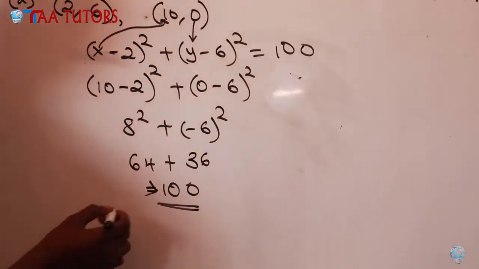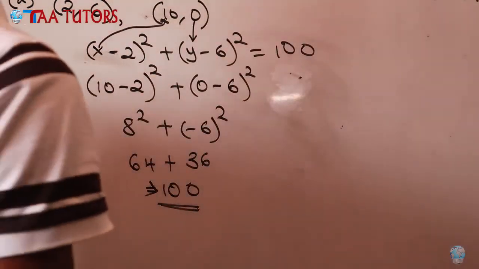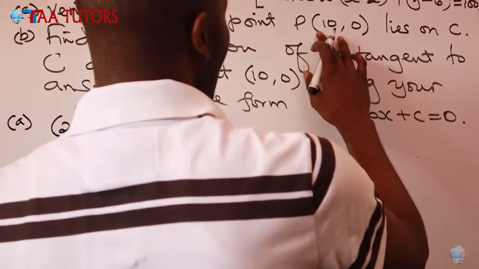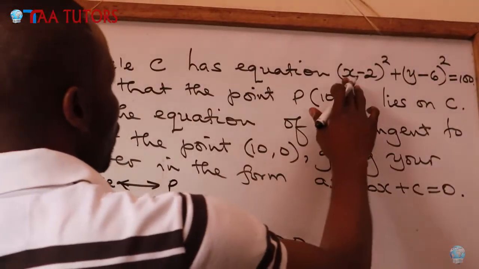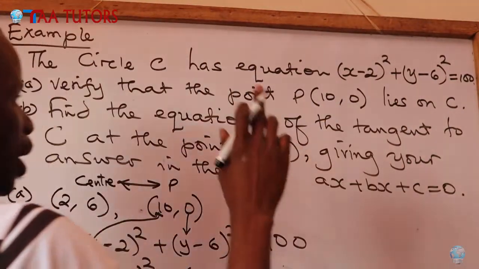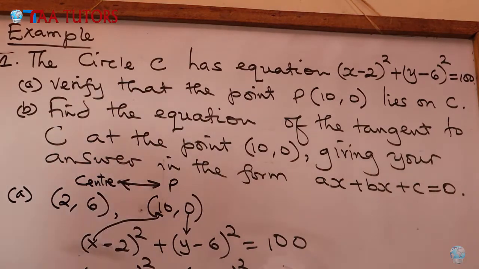This confirms that the point P (10, 0) lies on the circumference of the circle with equation (x − 2)² + (y − 6)² = 100. That is what we have there.